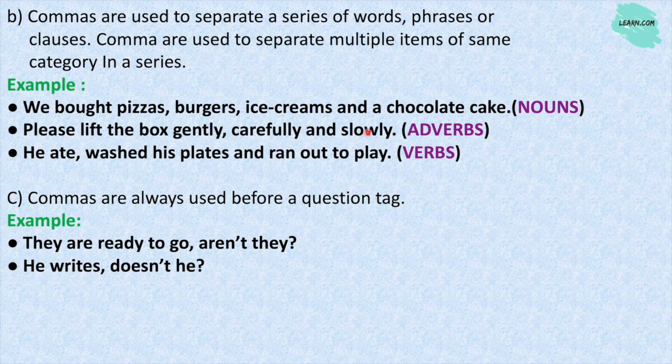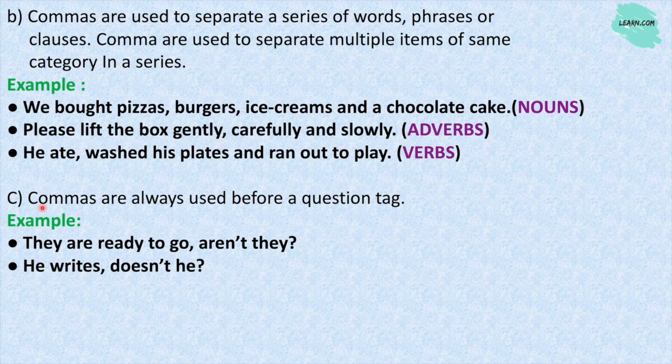Since they are of the same category, that's why we are using comma to separate them. He ate, washed his plates, and ran out to play. Now here the words ate, washed, and ran all are verbs. So we have used comma here. So I think this is very easy to understand. In case of multiple use of the same category, we separate them with the help of comma.